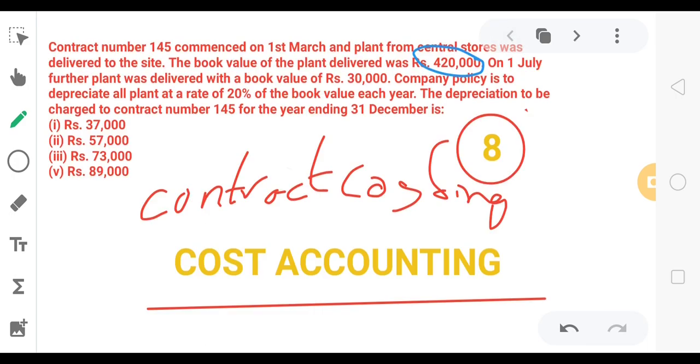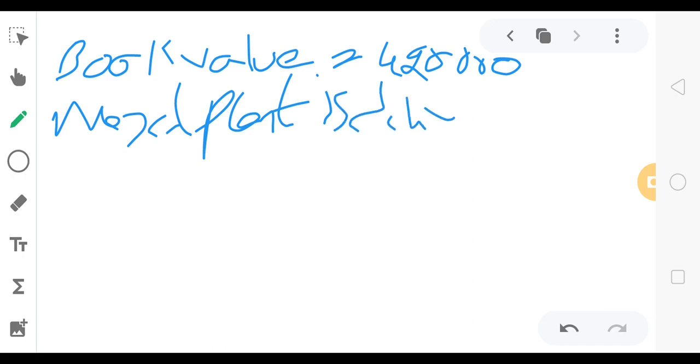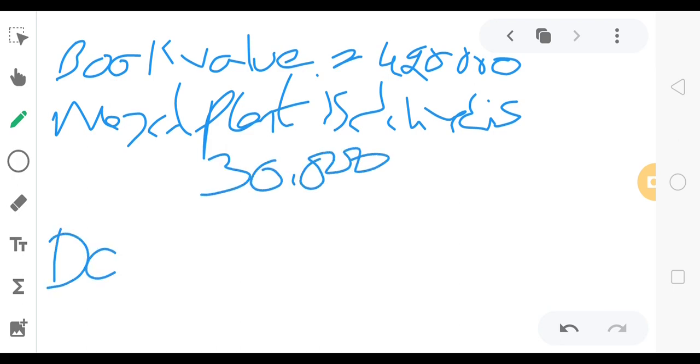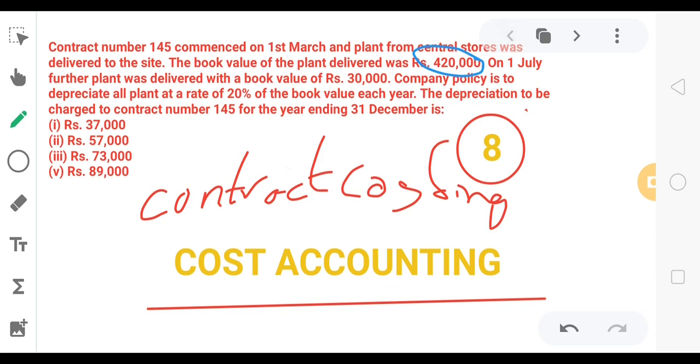And a further plant was delivered, with a book value of 30,000. The depreciation is charged at 20%. According to company policy, we depreciate all plant at the rate of 20% of the book value each year.